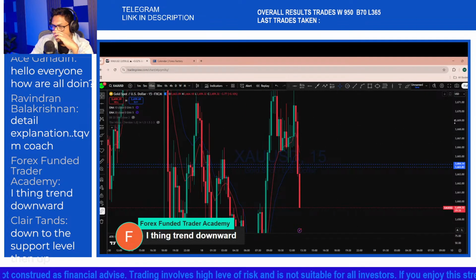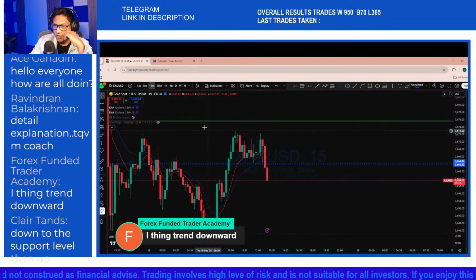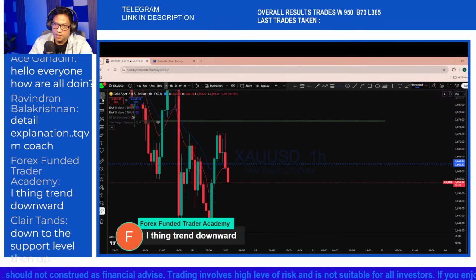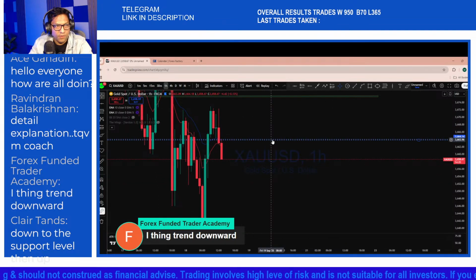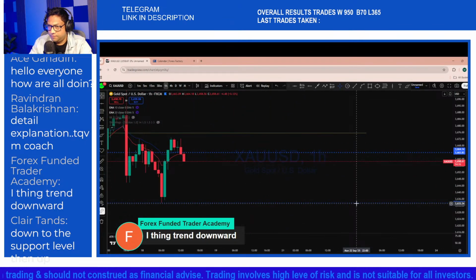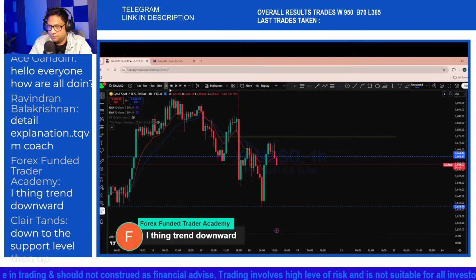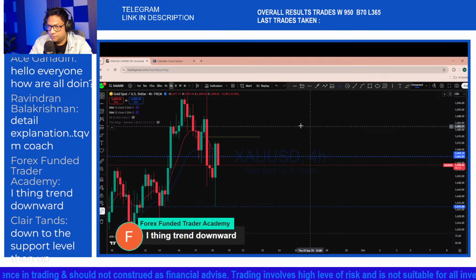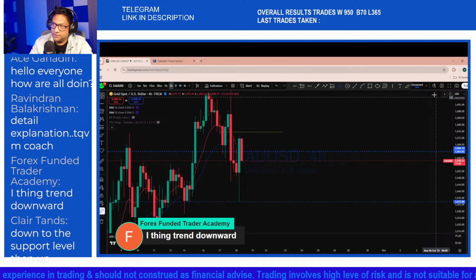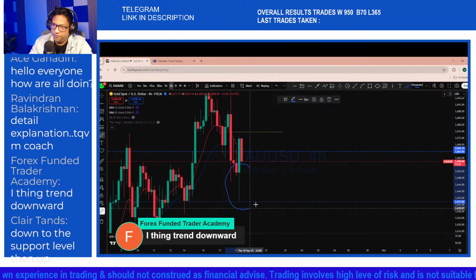Create a very interesting complex structure here, which is pushing the price to come back well below here. Now this is an imbalance and the market is filling that imbalance.